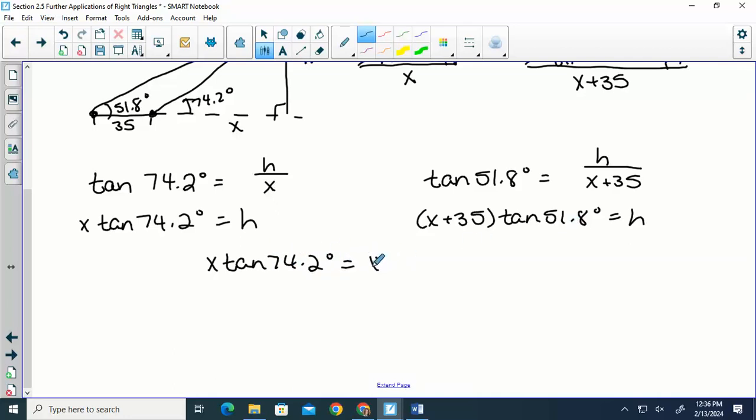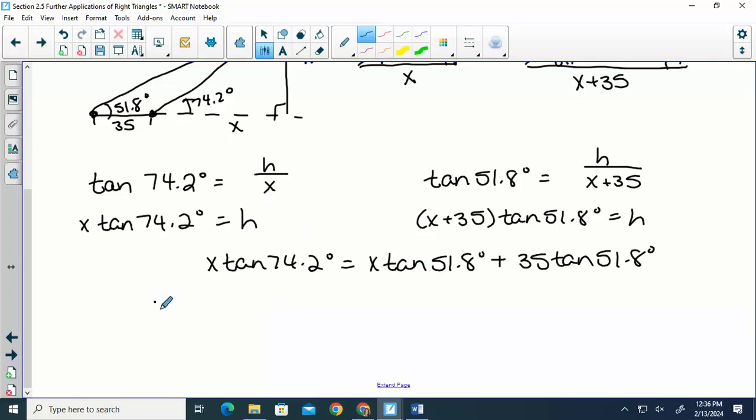This one, if I distribute, we get X tangent of 51.8 degrees plus 35 tangent of 51.8 degrees. What next? We need all the X's on one side.